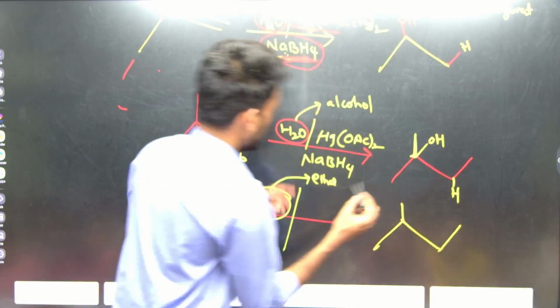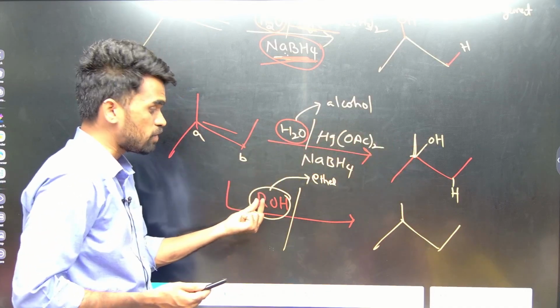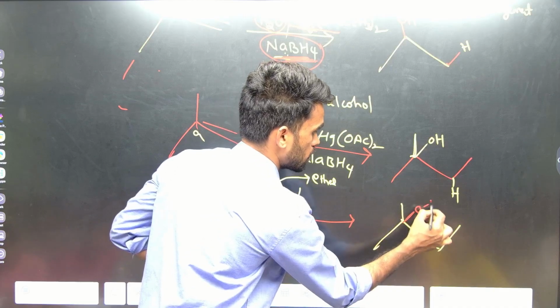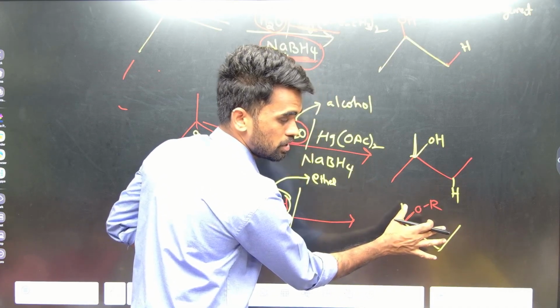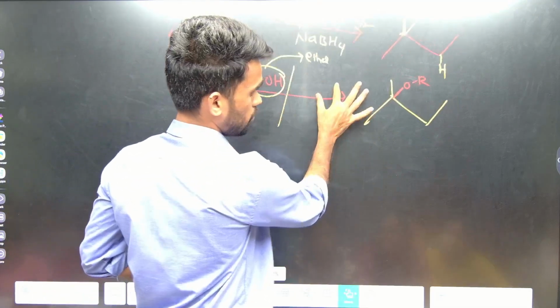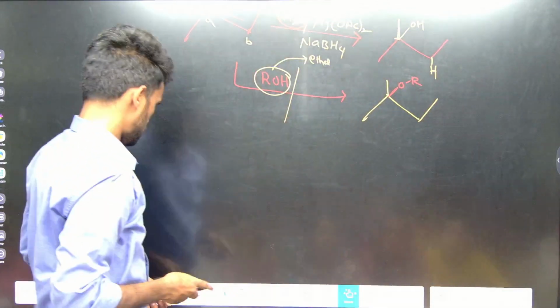Same. Here from H2O what did we add? OH. From ROH what are we adding now? OR. That's it. See, OR. ROR. It means it is an example of what? Ether. That's it. Is this clear? Next. Okay.